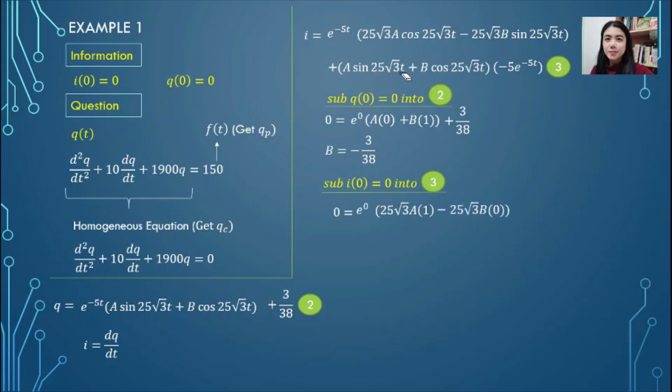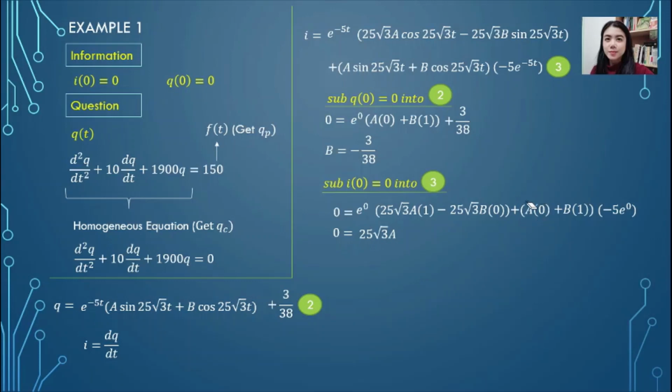Sine 0 is 0, so 0 multiplied with a. And this is cos 0, which is 1, so 1 multiplied with b. And we have e to the power of 0 in here. Let's simplify it. This is 1 and this is 0, so we have this one for this term.